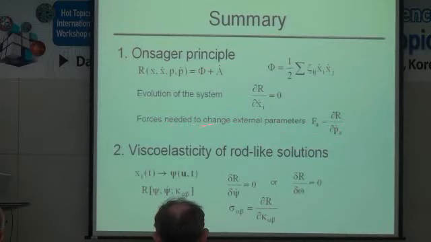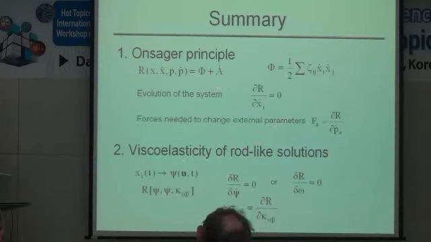And by straightforwardly applying this principle to the rotational diffusion of rodlike polymers, we can construct the theory for the viscoelasticity of rodlike solutions. The state variable is given by the distribution function psi, and you construct the Rayleighian as a functional of this distribution function.